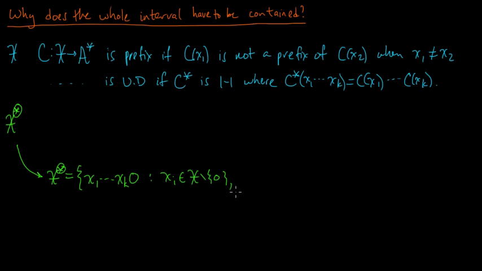We're taking 0 to be our end of file symbol, and each of these sequences is terminated by a 0. We're considering the set of all these possible sequences over all possible lengths. So it's all of these sequences that are valid with respect to our end of file symbol convention.